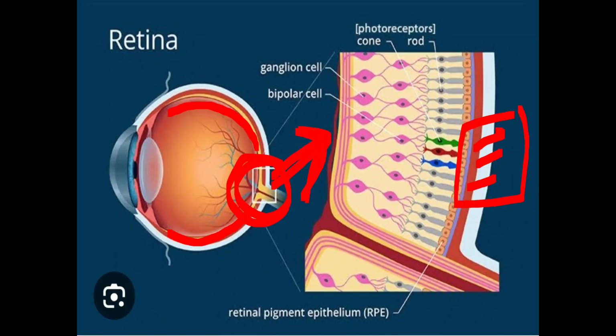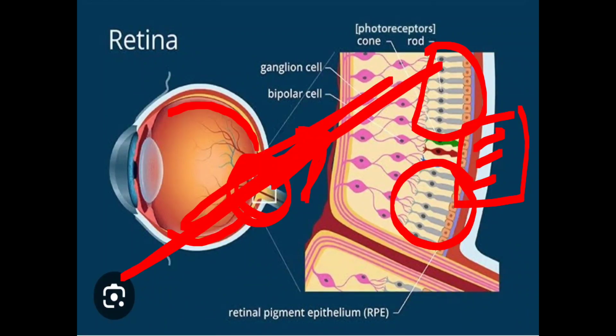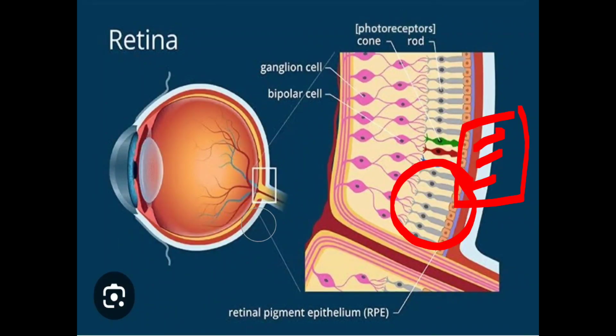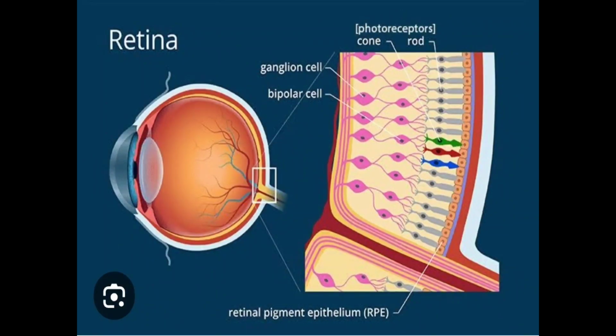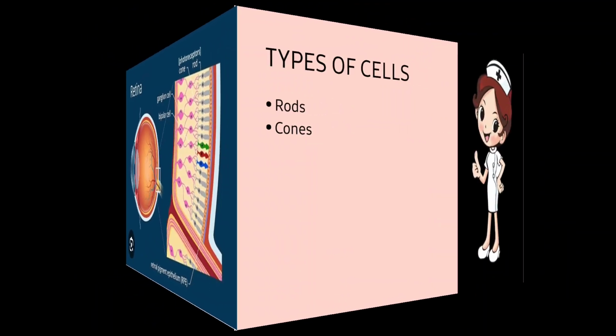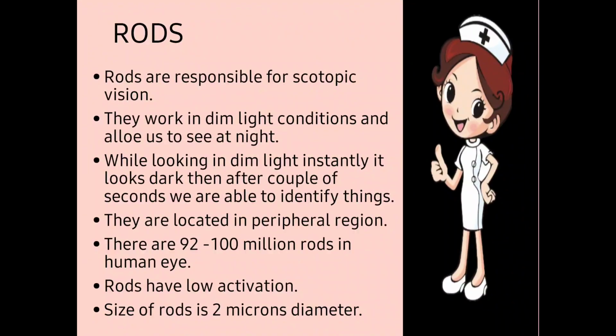These are considered as the peripheral region, the side area. At the side area the rods are present, but at the central area the cones are present. Let's move to the next.